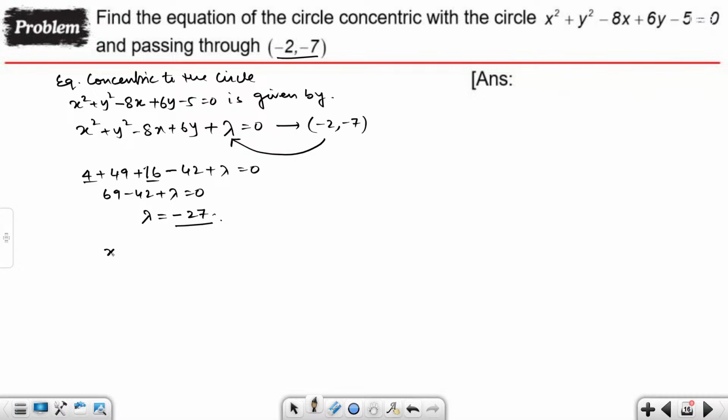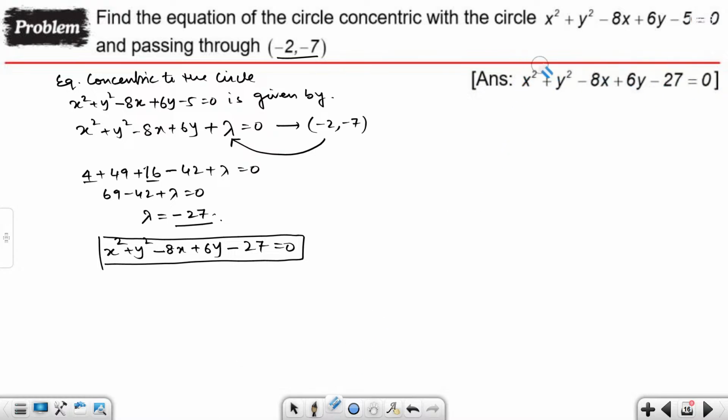Therefore, what is its equation? x square plus y square minus 8x plus 6y minus 27 equals 0. That's it. So that's the equation of the concentric circle of the given circle, which is passing through the point -2, -7. Is this concept clear? It is simply the application of the equation of the concentric circle.